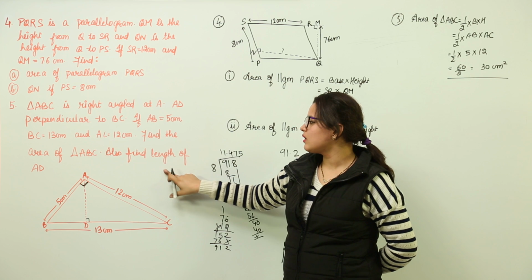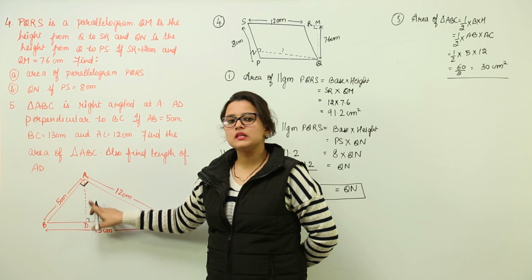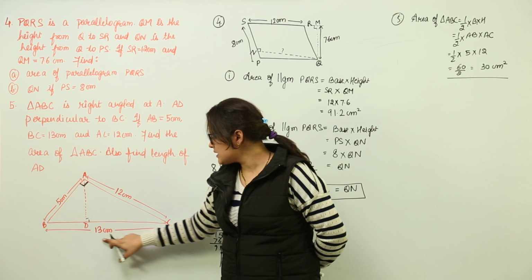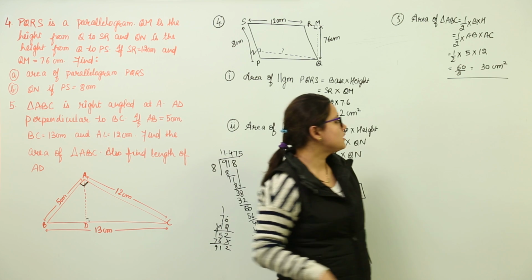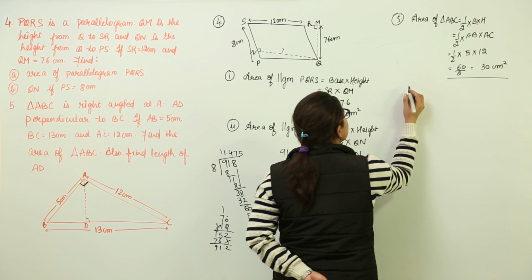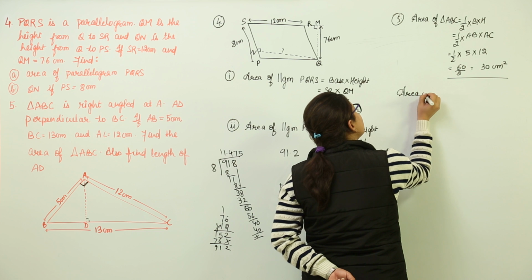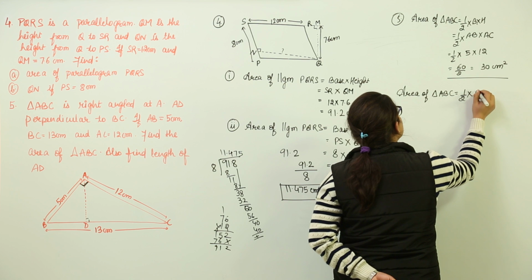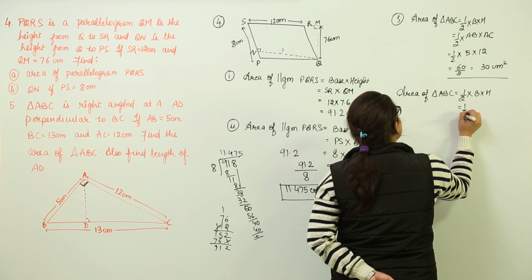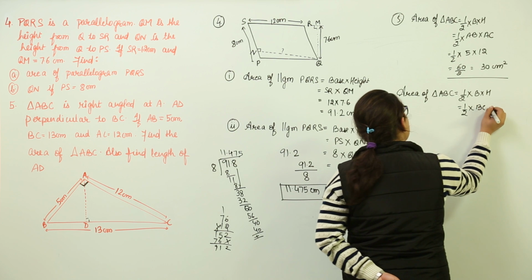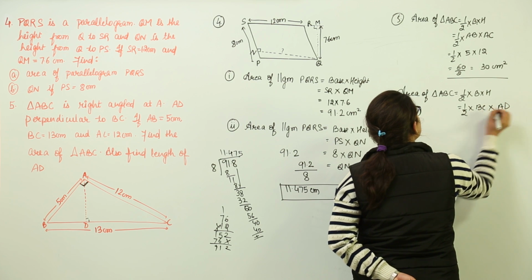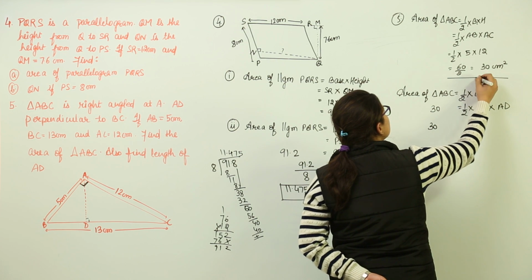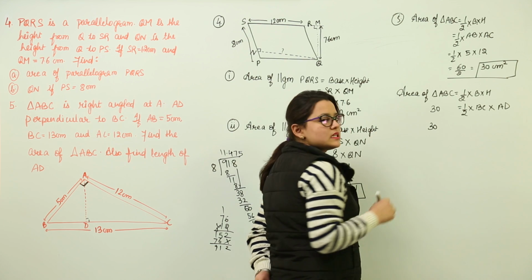Also we are going to find out the length of AD. Now what is the length of AD representing over here? It is representing the height for the respective base BC of this triangle. So we can do the same. We can write in the next step that area of triangle ABC is equal to half base into height, where the base has changed to BC and the height has changed to AD, giving us all equal to 30, because we have already found that area of triangle ABC is 30 centimeters square.